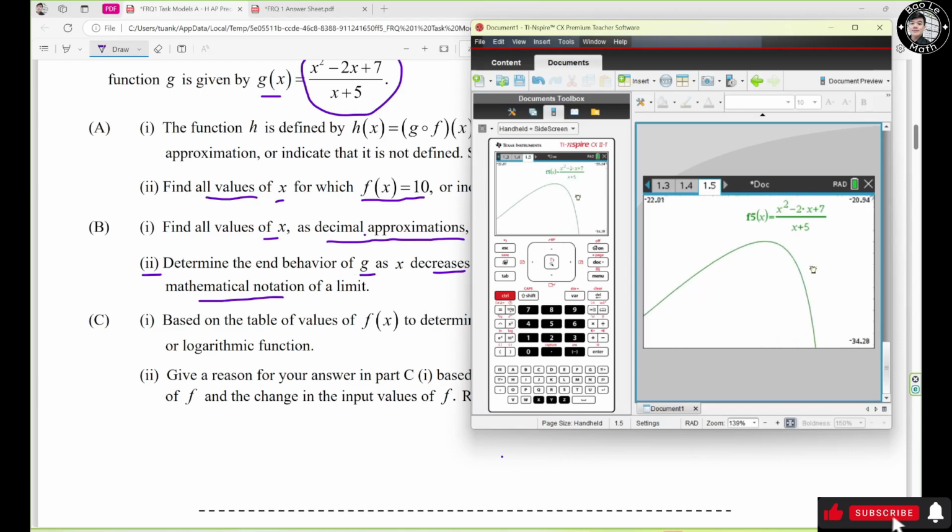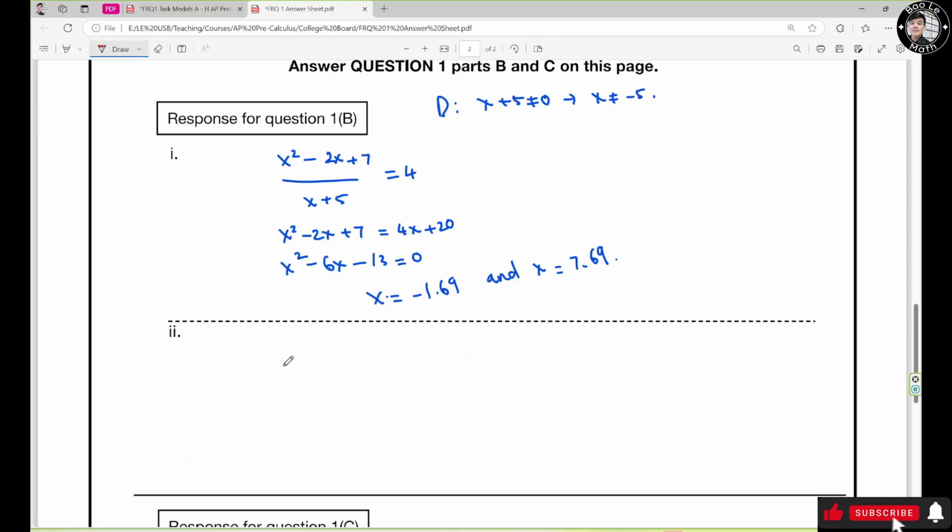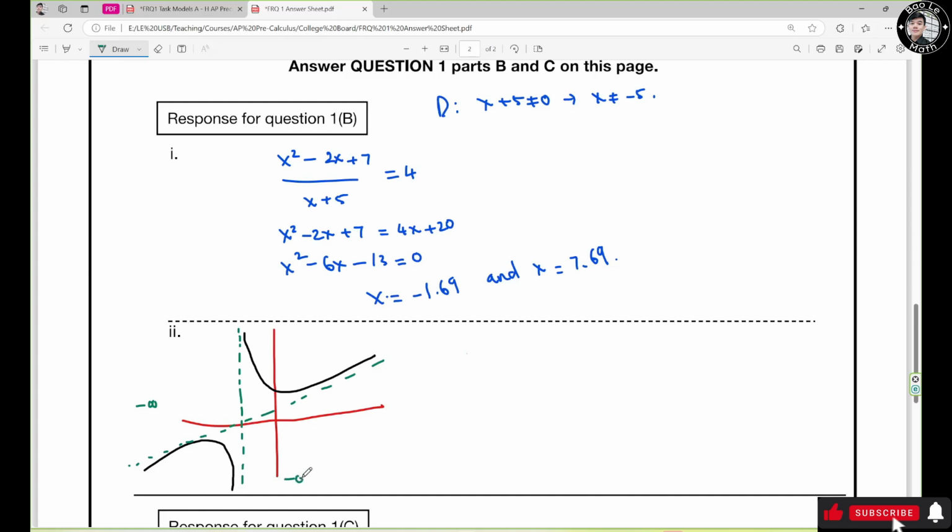Now we just get the graph into the answer sheet right here so that it helps you organize your thoughts. It's going to be something like this. Now this is negative infinity, this is negative infinity, this is positive infinity, this is positive infinity.